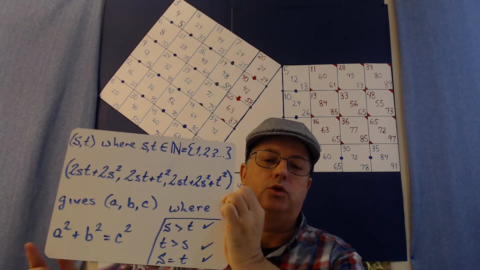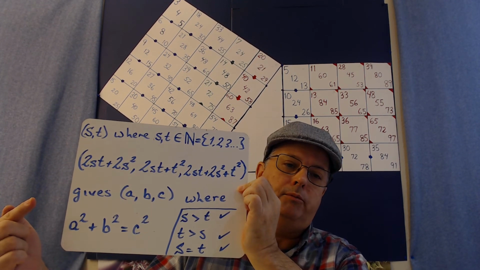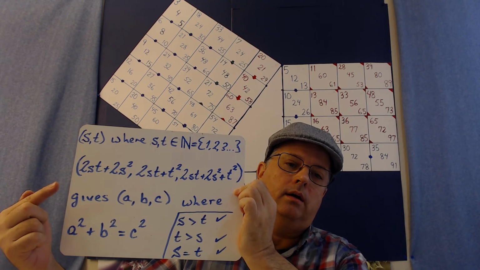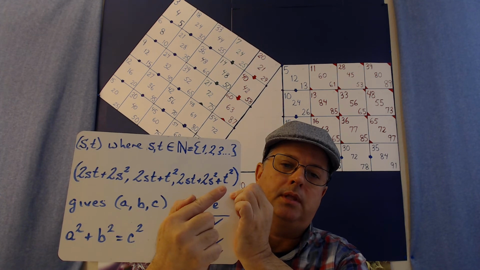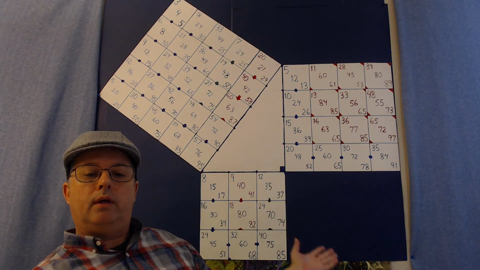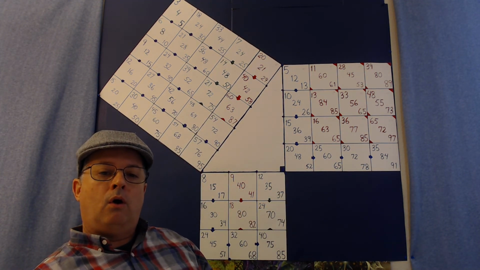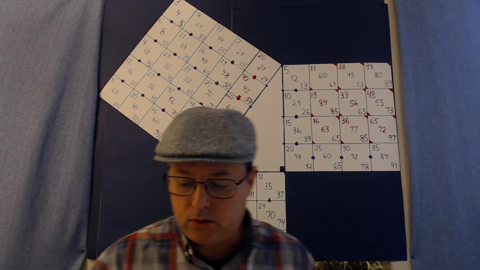All right, and that's really the inspiration for doing all of these videos that have been presented, that with this formula that generates Pythagorean triples, and this illustration of all the Pythagorean triples where the a, b, and c values are less than 100. Those are the two inspirations for doing all of these videos here.